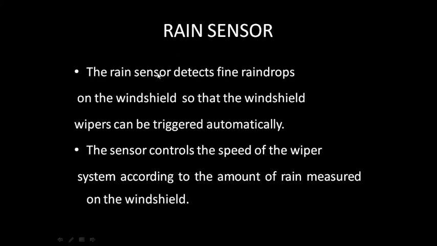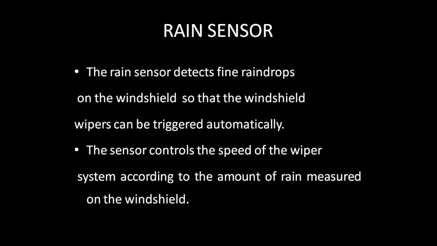Rain sensor. So what is a rain sensor? A rain sensor detects fine raindrops on the windshield so that the windshield wipers can get automatically triggered. Suppose there is heavy rain, how much do the wipers need to wipe out the water? That is, if heavy rain, the wipers will be moving at a fast pace, or light rain at a slow pace.